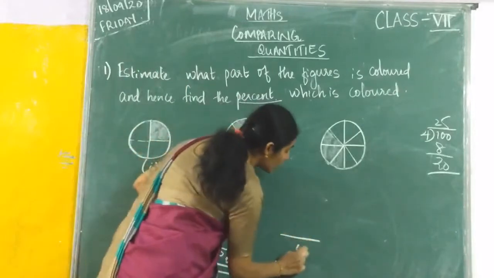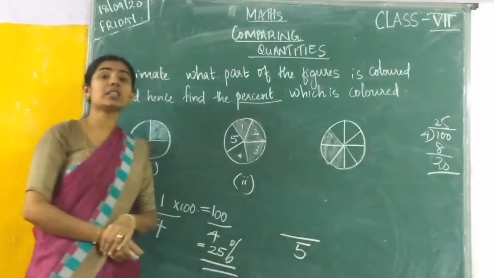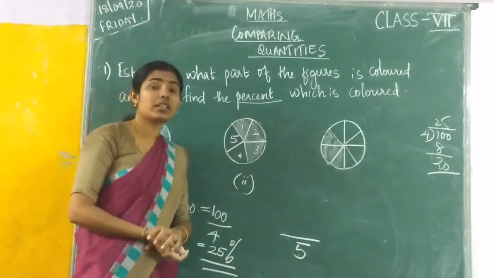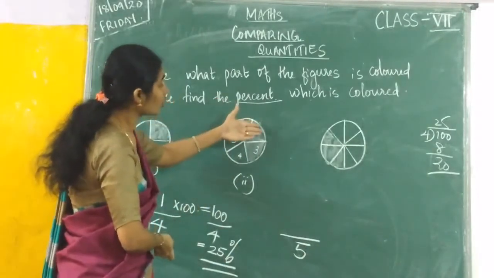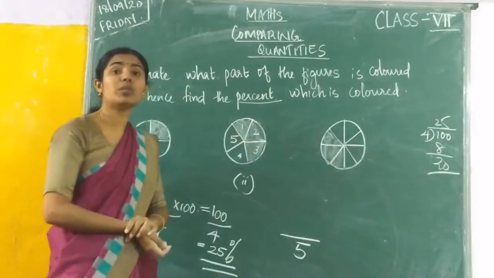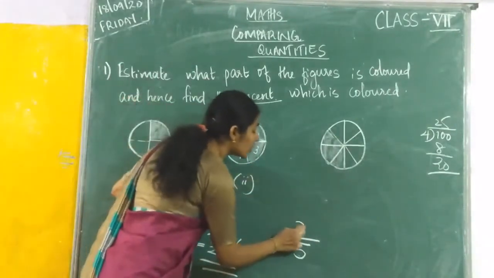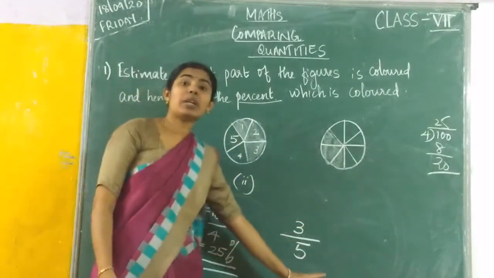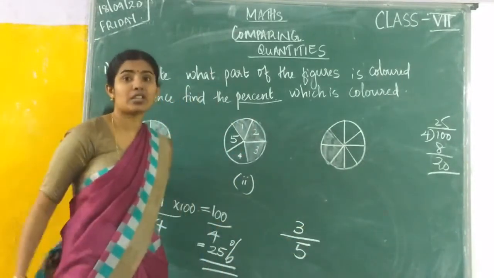So the denominator is 5. Out of 5, how many shaded? 1, 2, 3. So the numerator is 3. So 3 divided by 5 is the fraction.